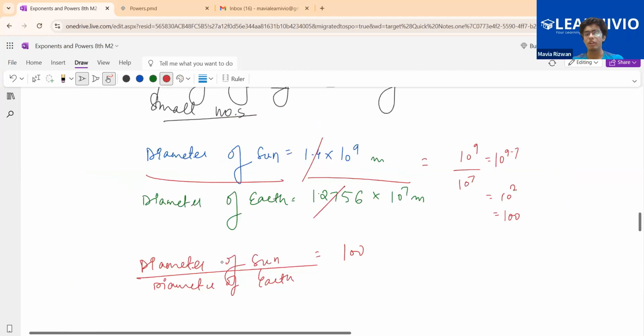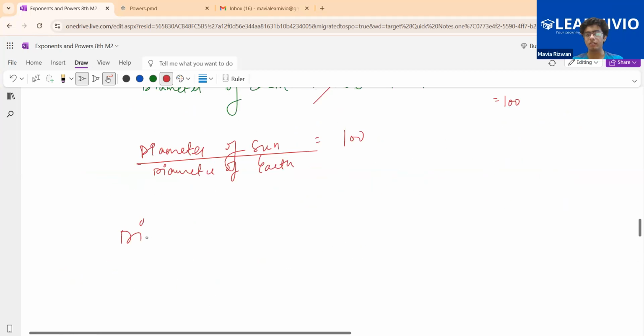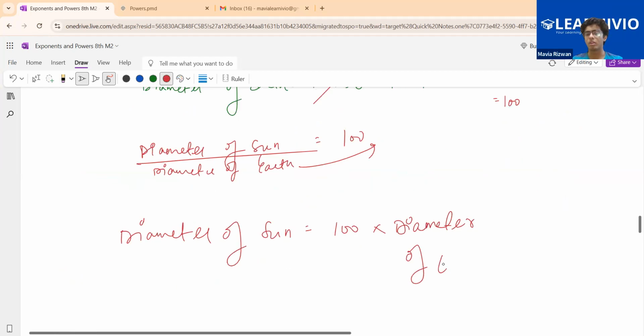Therefore, the diameter of sun is equal to 100 into the diameter of earth. So now this is the answer: finally we can say that the diameter of sun is 100 times the diameter of earth.